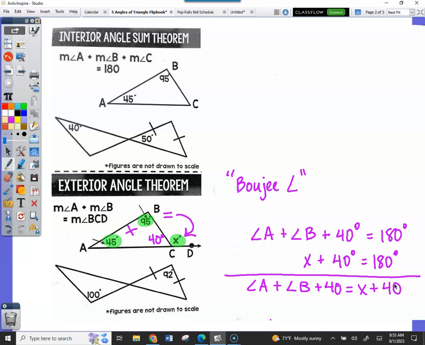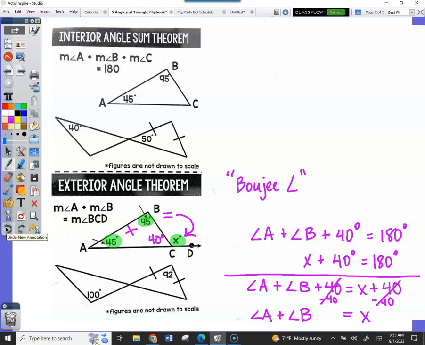Now I'm going to get rid of the 40. Come to the other side. What am I left with? Which is what I just showed you. You see it now? This angle plus this angle will equal the exterior angle every time.